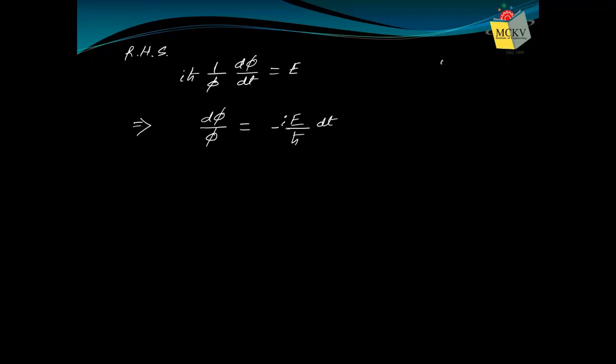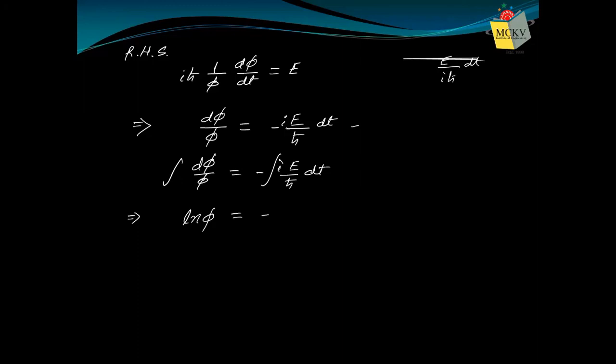Now integrate it. Integrating minus iE by h cut dt, what will we get? This is nothing but log phi equals minus iEt by h cut plus some constant. For our convenience, I am writing that constant as log c.